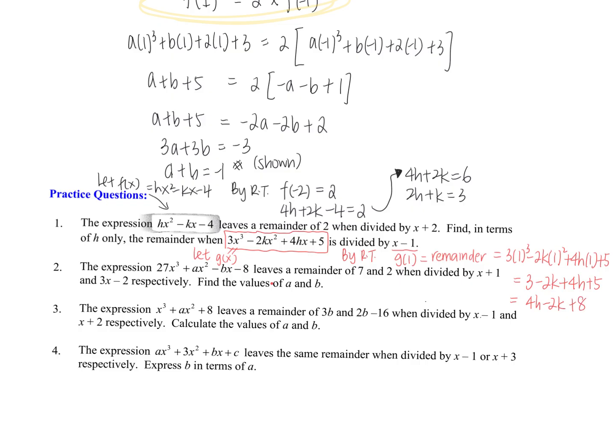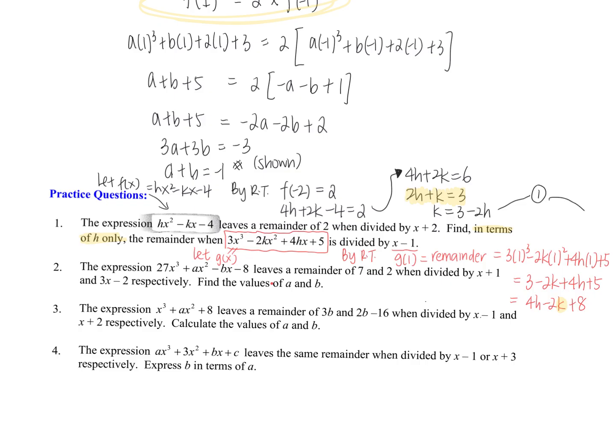Then how to stop there? The question says, can you find the remainder in terms of h only? That means they don't want to see k in your answer. So what you do is, you make use of this from the earlier part. You make k the subject. From the earlier part, you know that k is 3 - 2h.